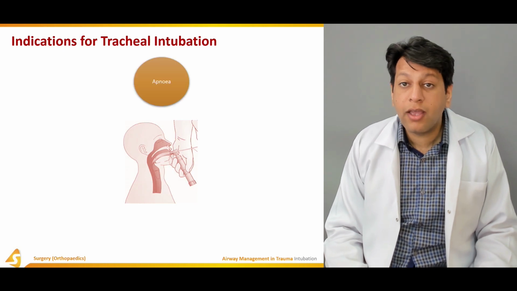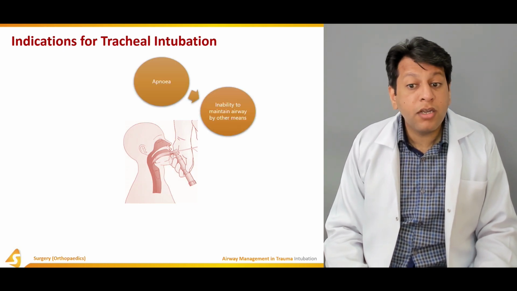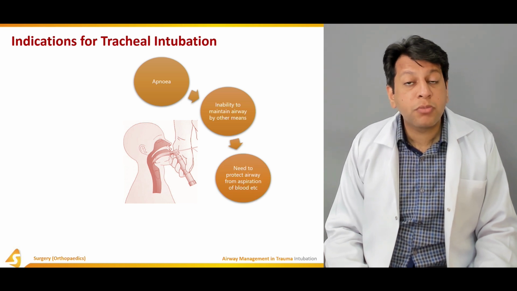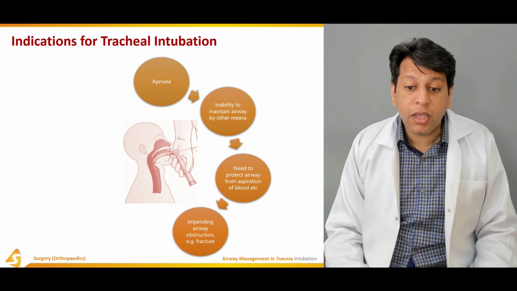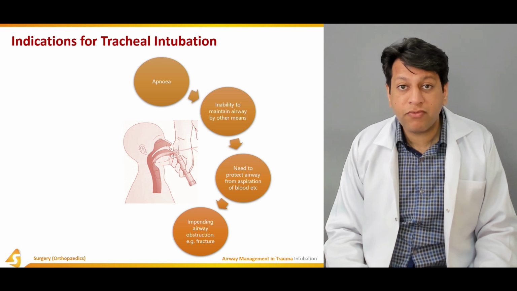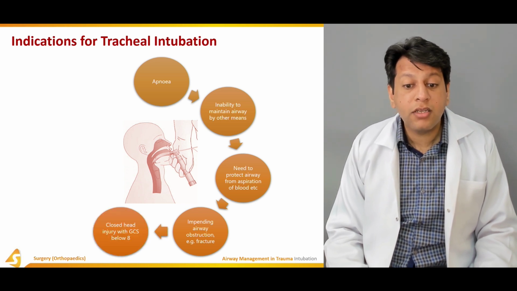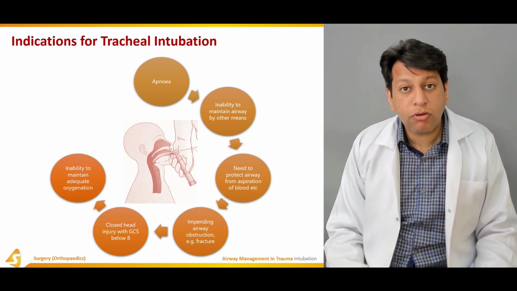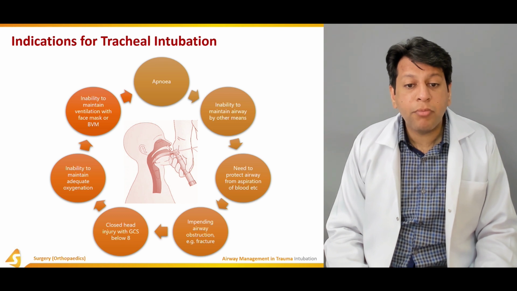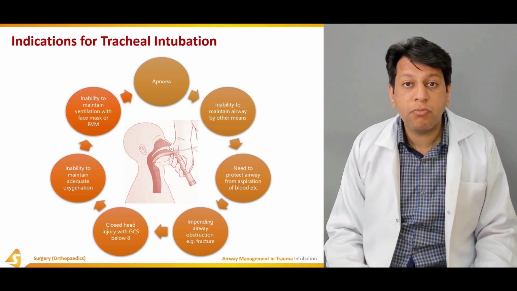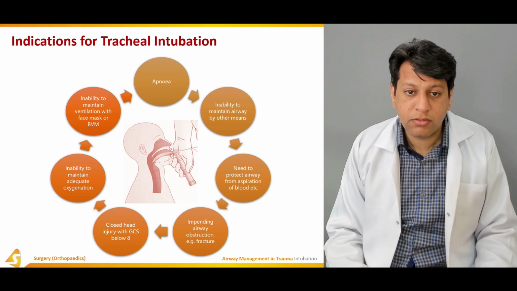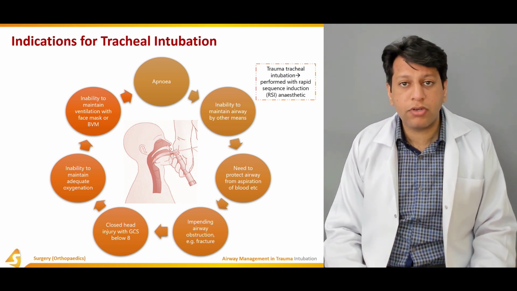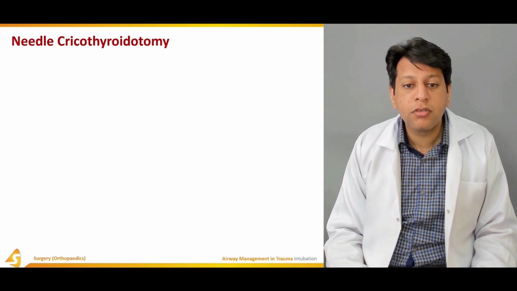This includes apnea, inability to maintain airway by other means, need to protect airway from aspiration of blood, impending airway obstruction, for example fracture, closed head injury with GCS below 8, inability to maintain adequate oxygenation, and inability to maintain ventilation with face mask or bag valve mask devices. That is what are the simple indications of endotracheal tube intubation.